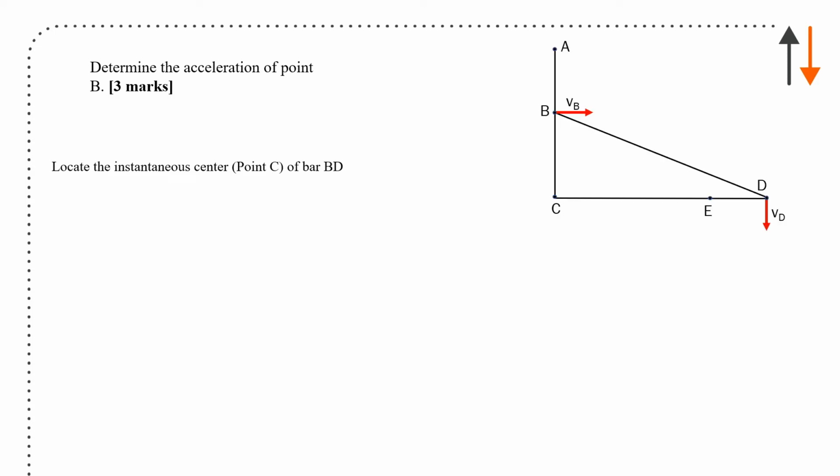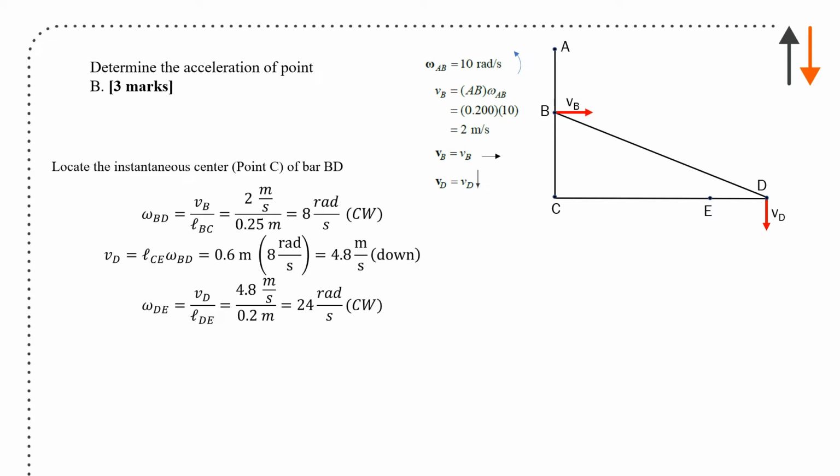So again, we know the velocities at B and D, and we know the directions. And we have all of that information from the previous slide. Velocity B is acting to the right, velocity D is acting downward. Omega BD is equal to velocity B divided by LBC, the length of BC, and you get 8 rads per second clockwise.